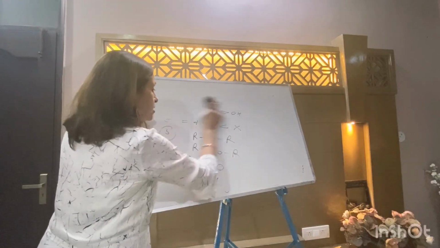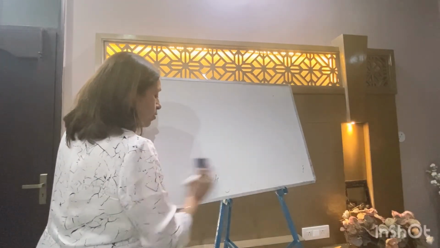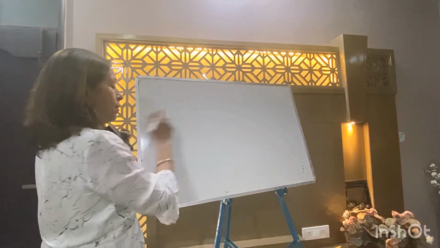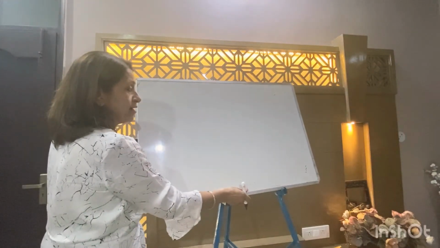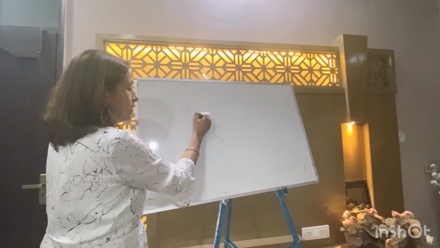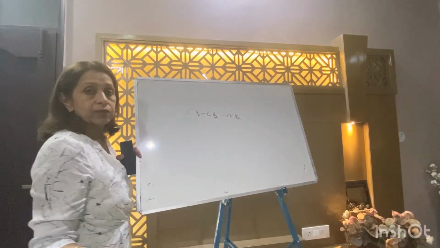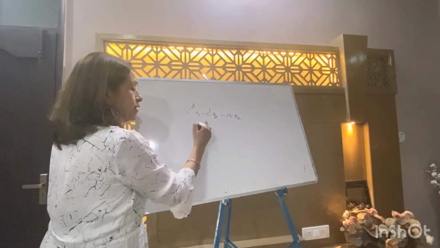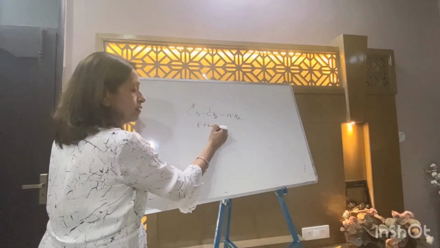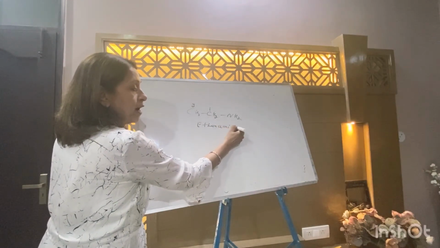Now let us start the nomenclature of amines. Amines are primary, secondary and tertiary. CH3, CH2, NH2: 1, 2, it's ethane amine.